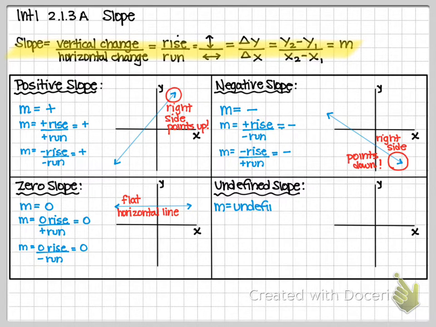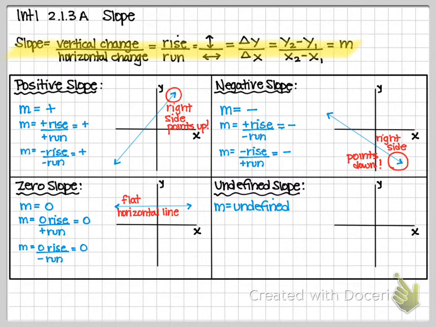Okay, so if this is an undefined slope, then we're going to say m equals undefined. I know that looks kind of funny, but we're going to talk about where undefined comes from. This is something you and I talked about probably about 2.5 weeks ago now, is the fact that if we have 0 in the bottom of a fraction, we get something that's identified as undefined.